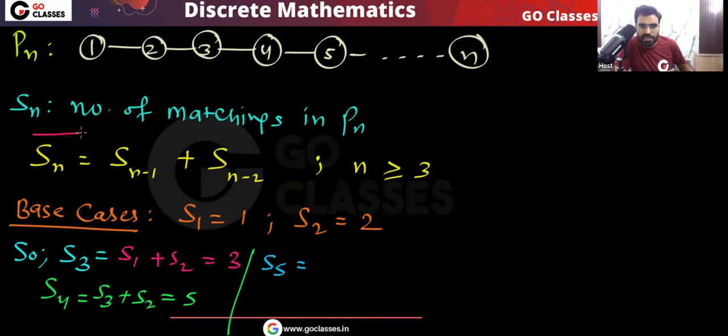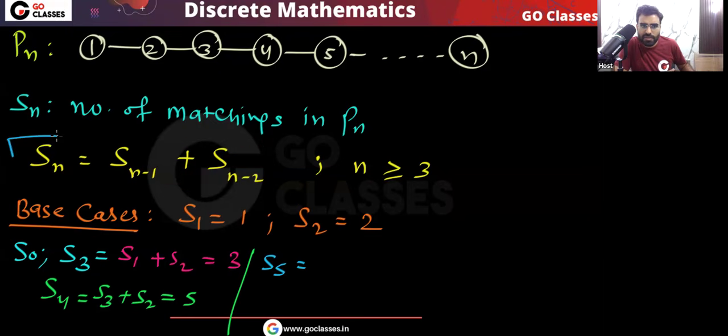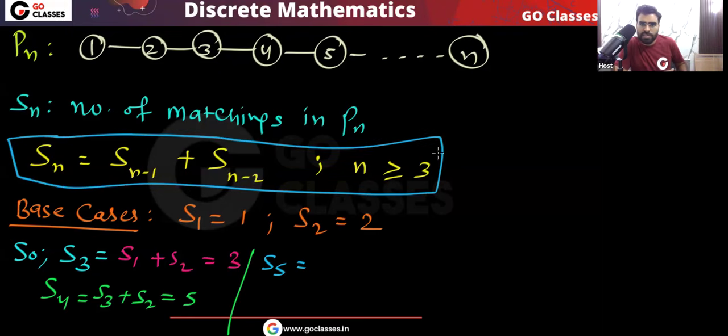Actually, if you notice this recurrence relation, this is a Fibonacci series, right? This is basically your Fibonacci recurrence relation.